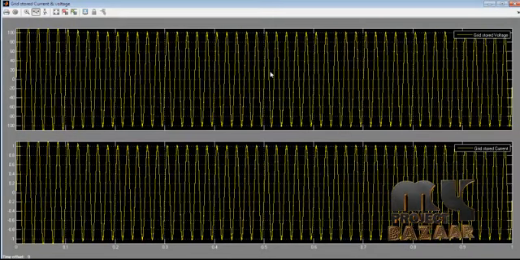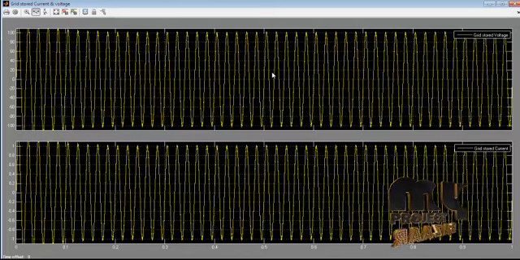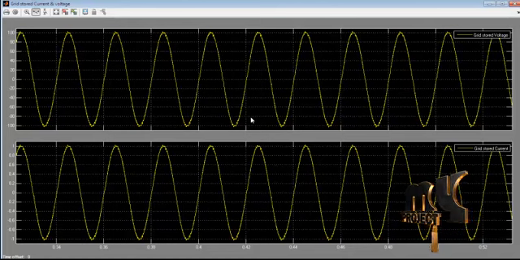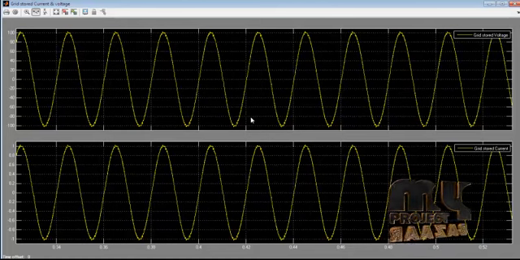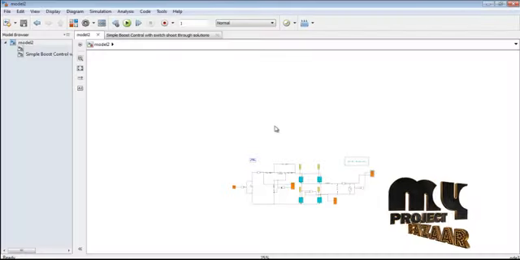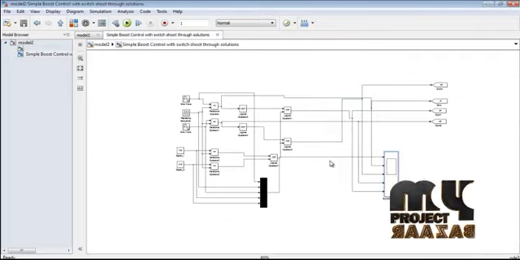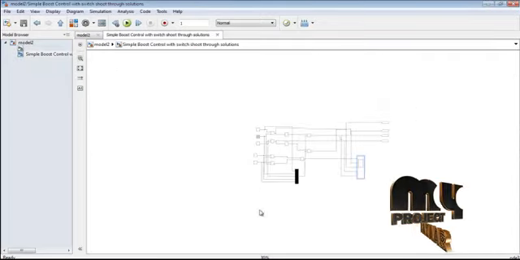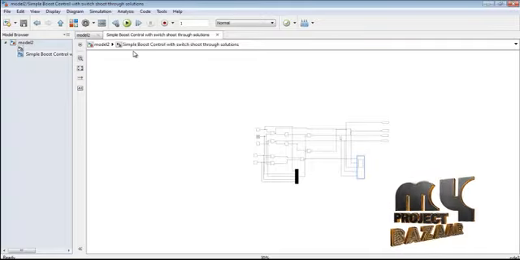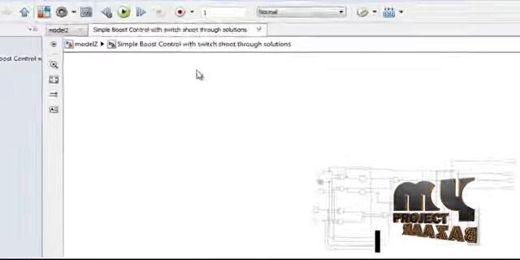These two are sinusoidal waves: the input is DC and the output is a pure sinusoidal wave, which is stored in the grid. Next we can see the switching pulses of the topology diagram of the simple boost control with shoot-through solutions.